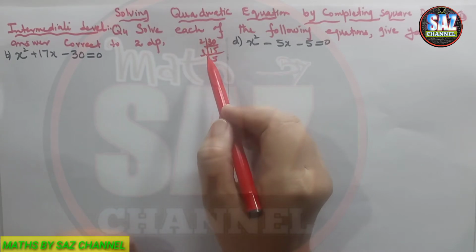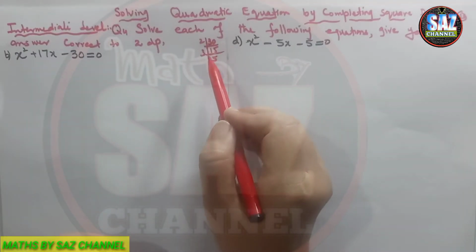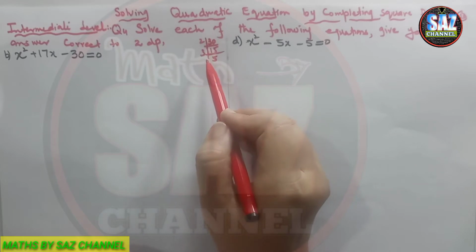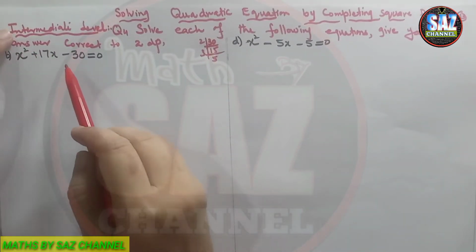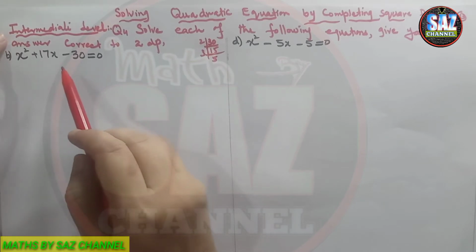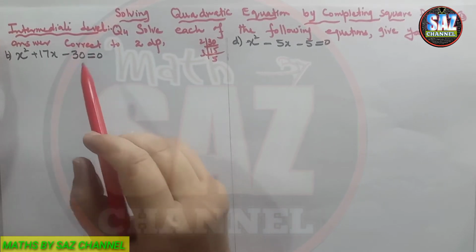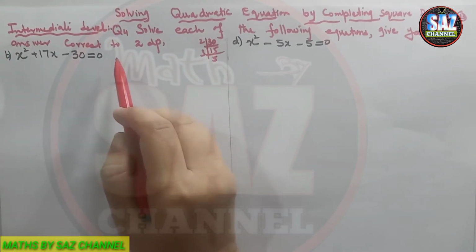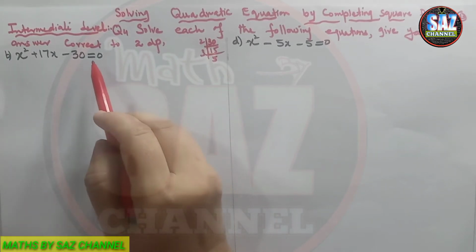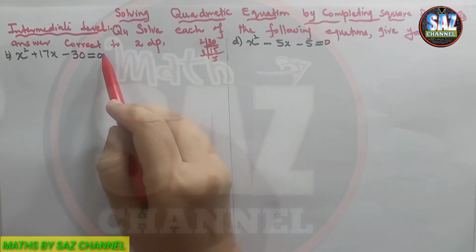So by hit and trial, we are not able to get two suitable factors that by addition or subtraction can give me the middle term and by product can give me 30. So we cannot apply the identities for the solution and we cannot apply hit and trial. So we have to apply the method of completing the square on this question.